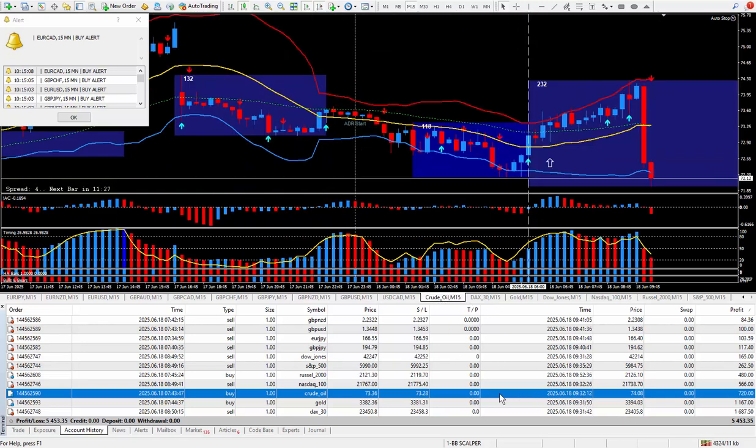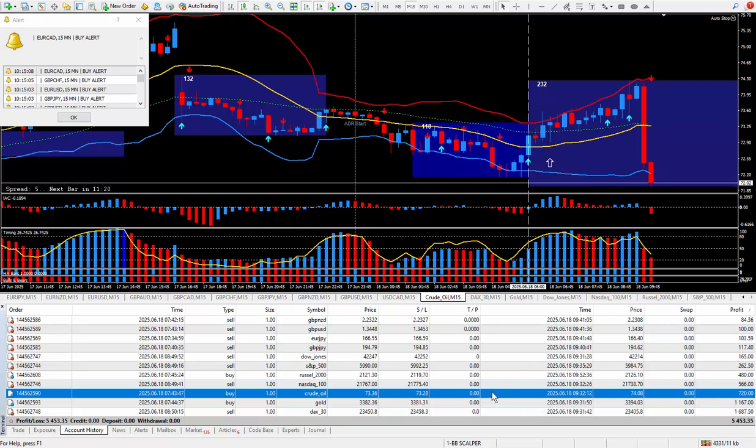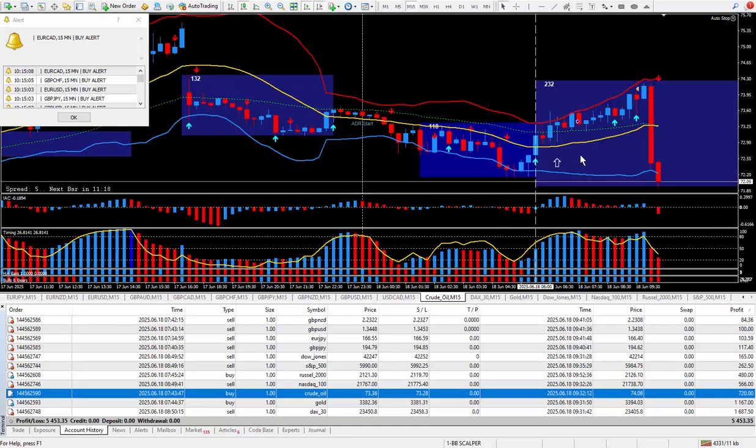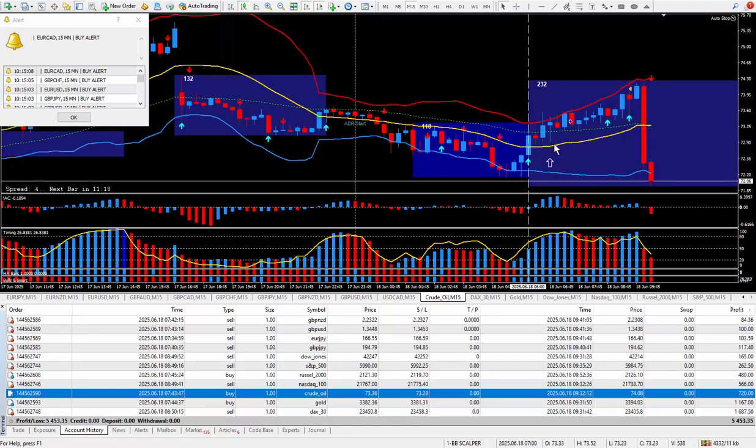Moving right along to crude oil. Now on crude oil, does pay $10 for each tick. Easy to see that this should be 72. So let's drag and drop this up. So I wanted to be buying it. Everything was looking good in real time for going up. And of course, we've had blue arrows here, here, and here.